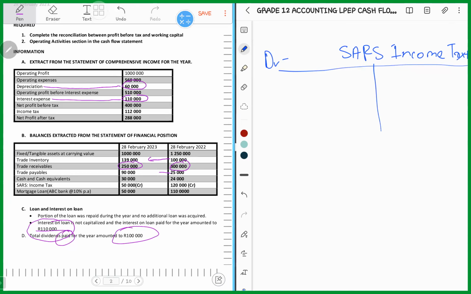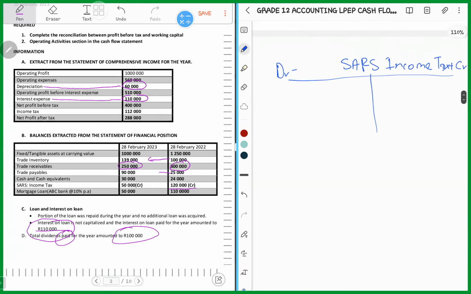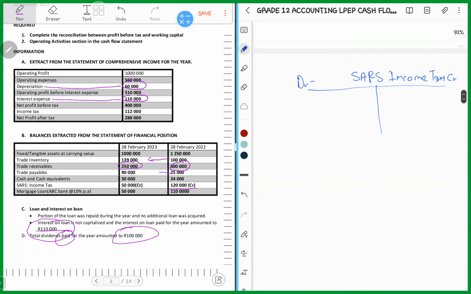Now, from the previous year, it appeared as a credit balance of how much? Of 120,000. So it means on the credit side, we're going to say balance brought down. Then we record 120,000.